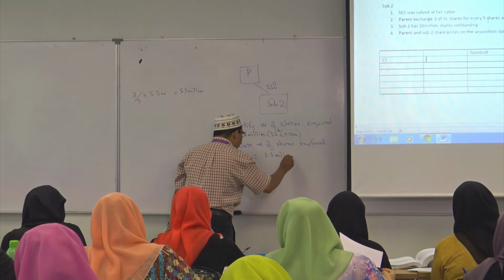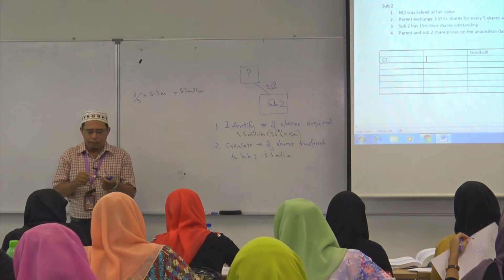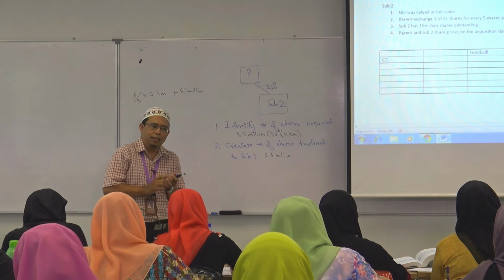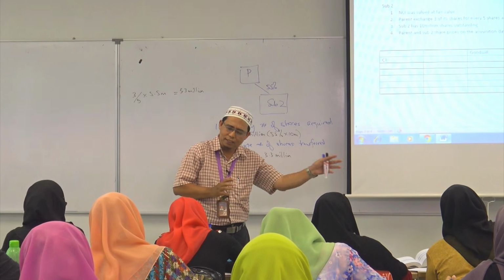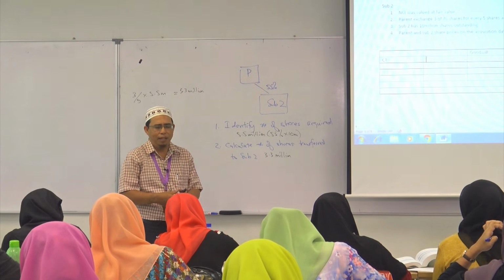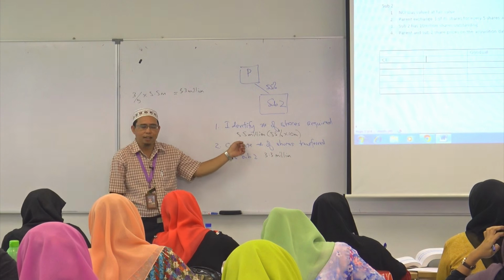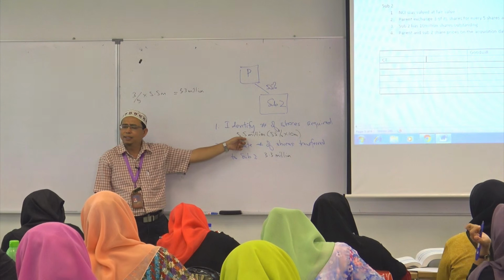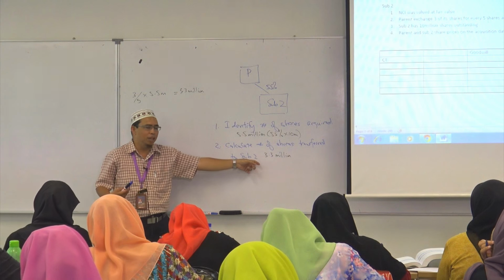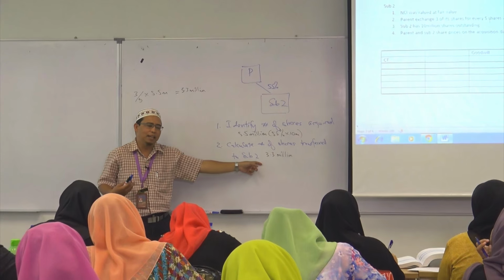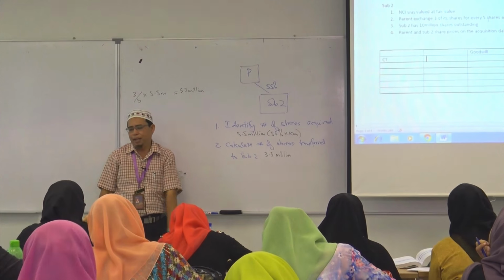What is this 3.3 million? This is the number of shares of the parent that will be transferred to the subsidiary. Let me make it clear: 5.5 million is the shares that the parent gets. 3.3 million is the shares that the parent gives to the subsidiary.